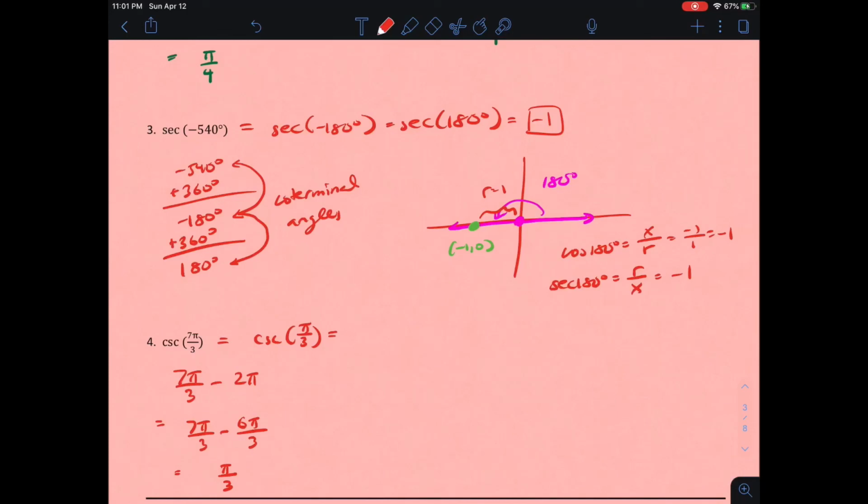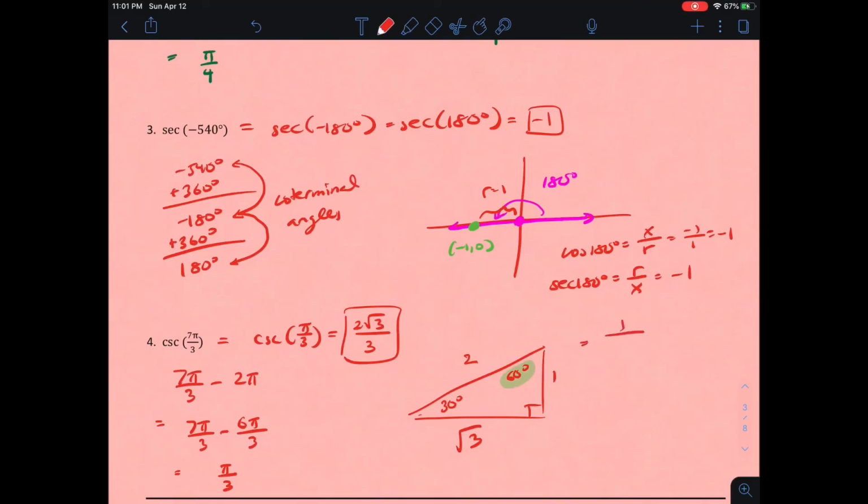Now, if you remember what cosecant of pi over 3 is, that is just 2 rad 3 over 3. If you don't have this memorized, you can always just draw a 30-60-90 triangle. Label the sides. To find cosecant of pi over 3, well, pi over 3 is the same thing as 60 degrees.